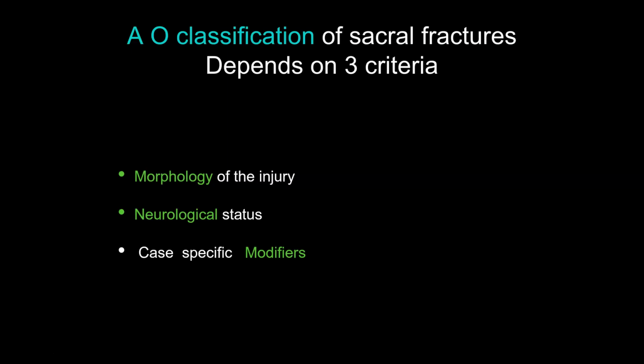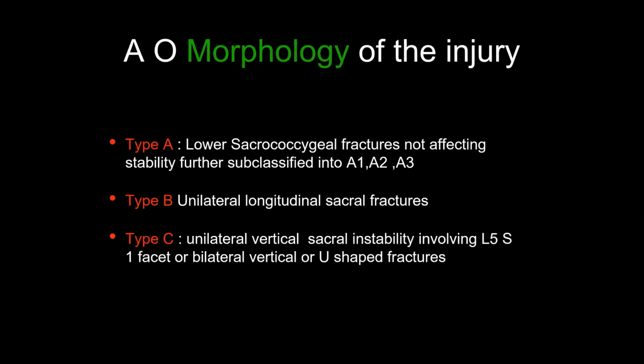The AO classification of sacral fractures, as you all know, in all the AO classifications we have the morphology of the injury, which is very important, but it relies also on the neurological status and case-specific modifiers, as usual.